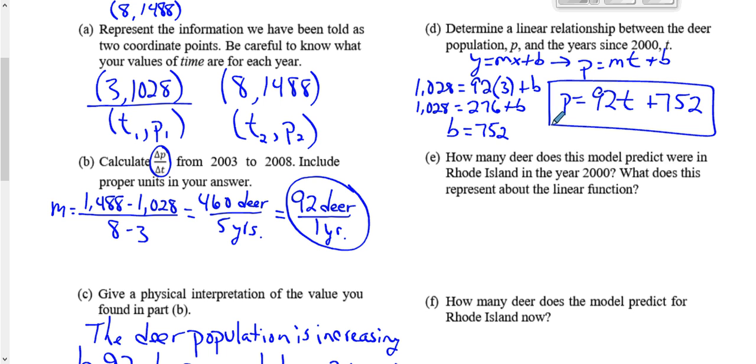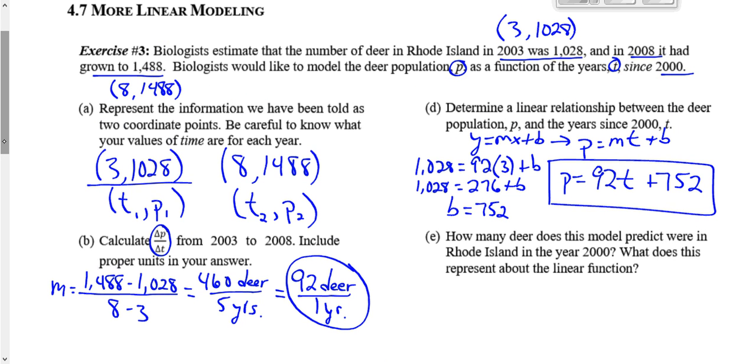So Part E, how many deer does it predict we're in Rhode Island in the year 2000? So 2000 is a time. What is the value of our time in the year 2000? Read the last sentence again: since 2000.